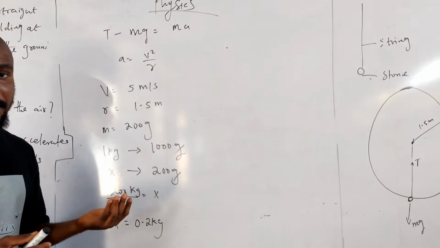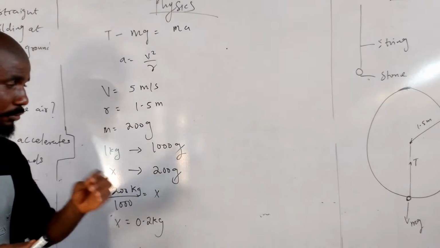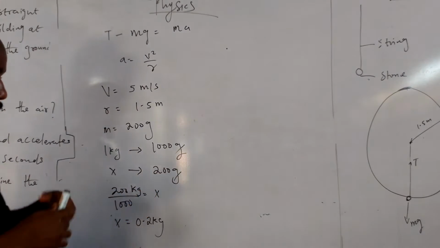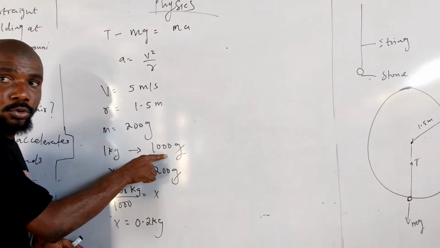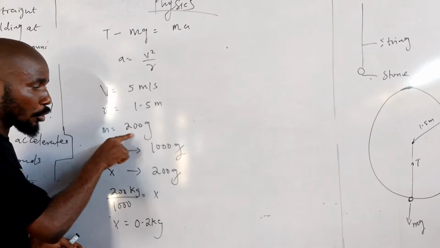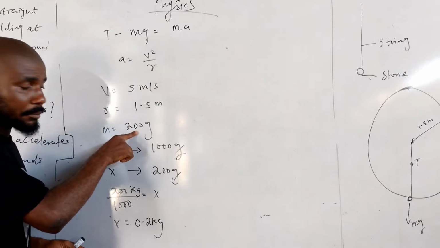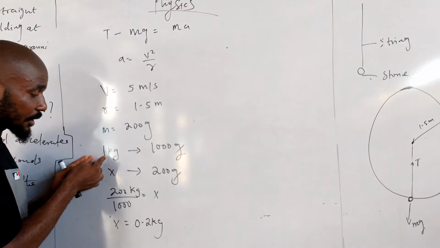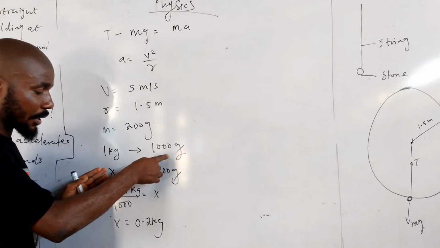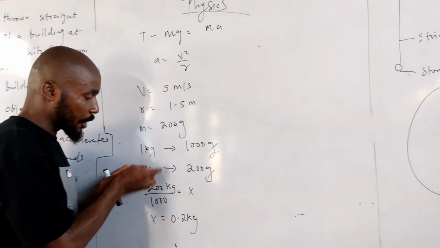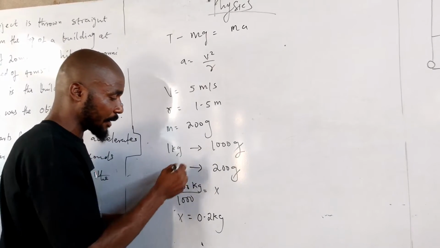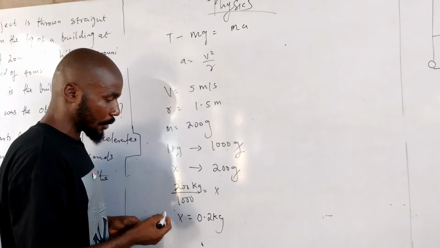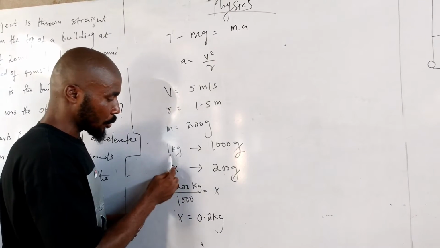So the essence of this conversion is for us to have the idea. You don't need to memorize anything in sciences, you just need to know it. Just know it, you are good to go. No need for memorizing. So 1 kilogram is equal to 1000 gram. To convert 200 gram to kilogram, since 1 kilogram is equal to 1000 gram, we don't know how many kilogram will be equal to 200 gram. You put it x. If you cross multiply, this x will times this 1000, and 200 will times what?